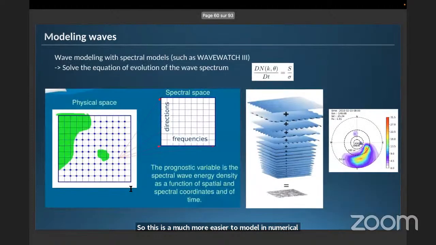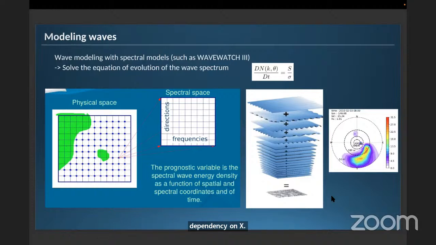And so, for example, in the WaveWatch model, we solve the equation of the evolution of this spectrum. At each grid point, we solve the evolution of the spectrum. In general, in CROCO, at a grid point, you have a dependency on X, Y, and Z, and time, obviously.